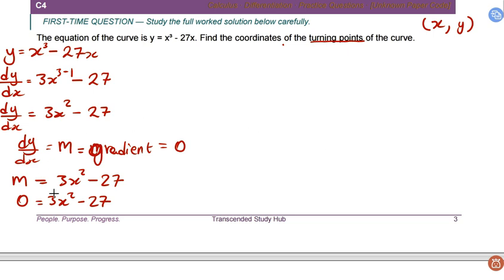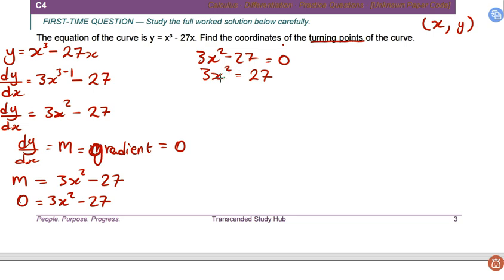So just make x the subject of the formula. 3x squared minus 27 equals 0. What I've done here is just take 0 to the other side. So now you make x the subject: 3x squared equals 27.